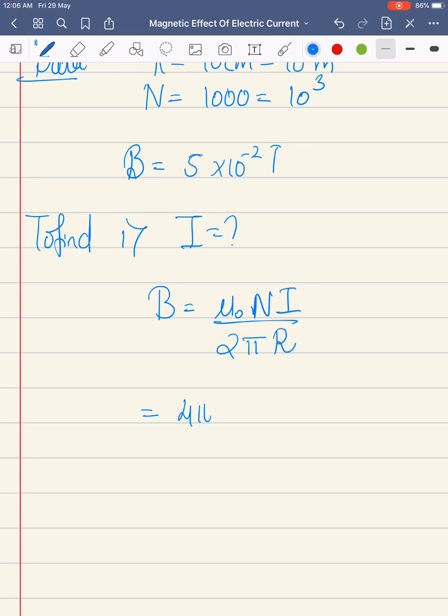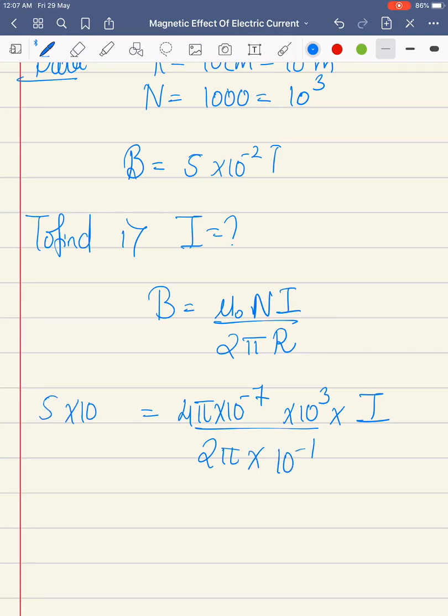So mu naught value is 4 pi into 10 raised to minus 7. Number of turns are 10 raised to 3. Current I need to calculate, divided by 2 pi into radius is 10 raised to minus 1. Magnetic field is 5 into 10 raised to minus 2. 2 pi, 2 pi cancel. Okay, minus 1 goes up so it becomes plus 1, plus 1 plus 3 is plus 4, plus 4 minus 7 is minus 3, minus 3 goes to the left, so it is plus 3. So 5/2 into 10 raised to minus 2 plus 3. So you will get this much current.